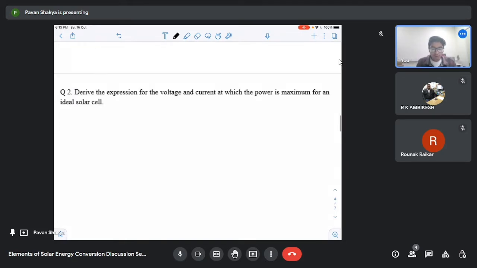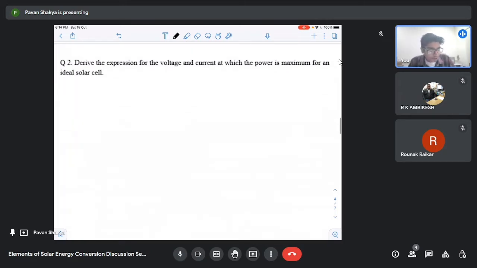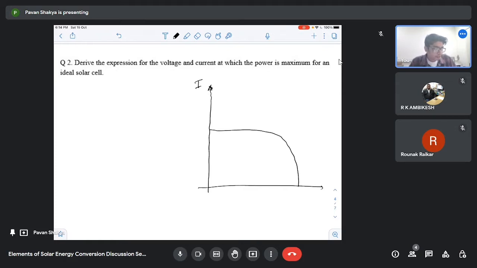In the next problem, the question asks to derive the expression for the voltage and current at which the power is maximum for an ideal solar cell. So first I will draw the IV characteristic. Okay, the y-axis is the current density, and the x-axis is the voltage.